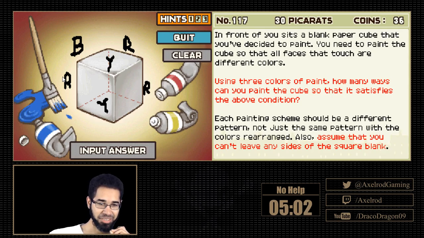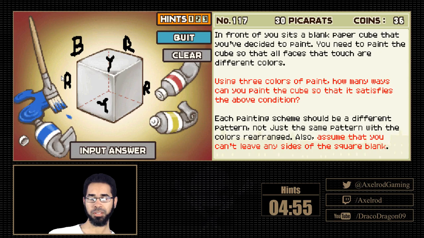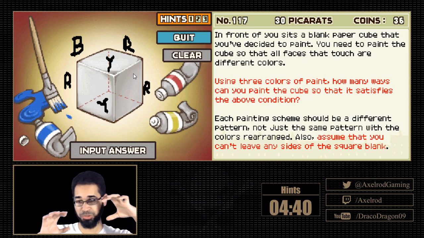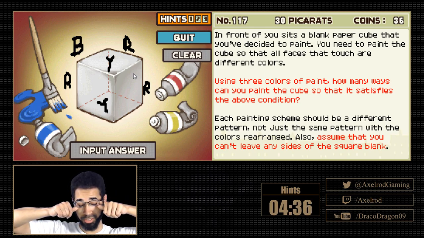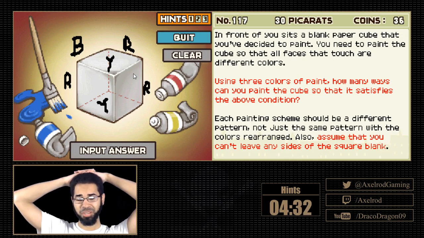A different pattern. Okay. So what I could do is I can just move the box over, and that puts it as a no, that doesn't do that. That just rearranges the colors. How do you get a different pattern?